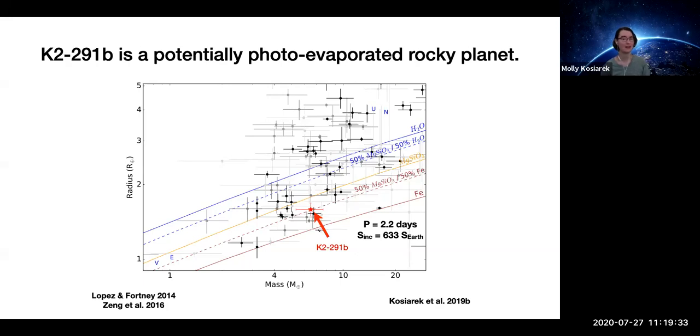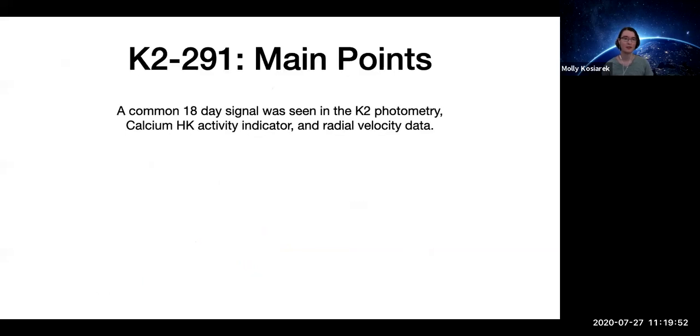It has a high stellar incident flux since its orbital period is around 2 days, and this is a sun-like star. So that high stellar flux likely photovaporized any substantial atmosphere that might have formed with the planet. To conclude, we saw a common 18-day signal in the photometry, activity indicators, and radial velocity data.